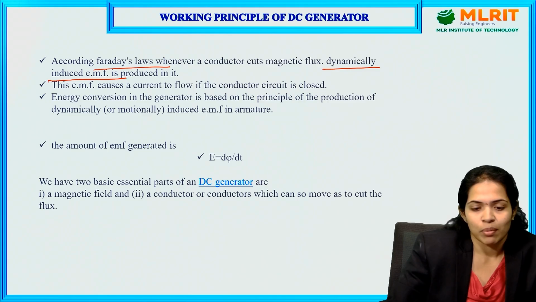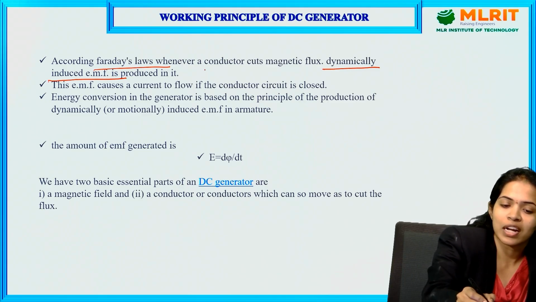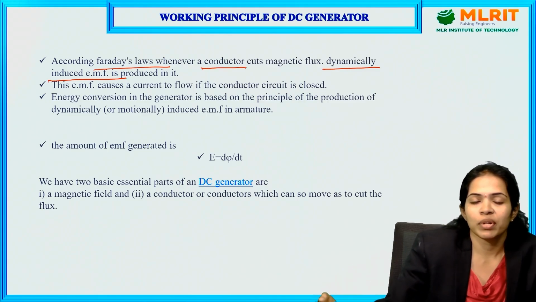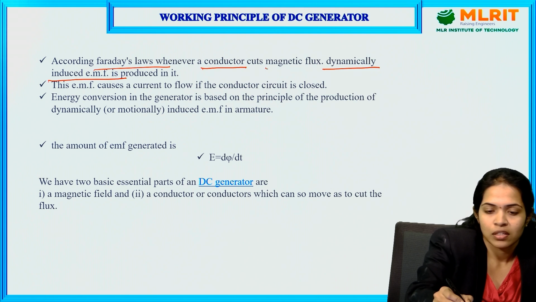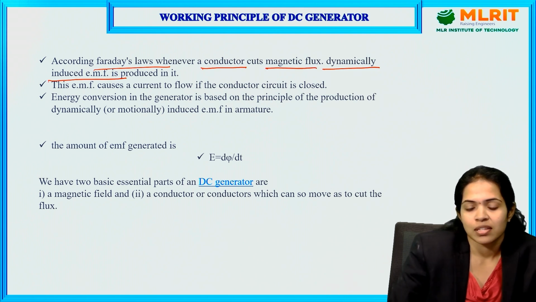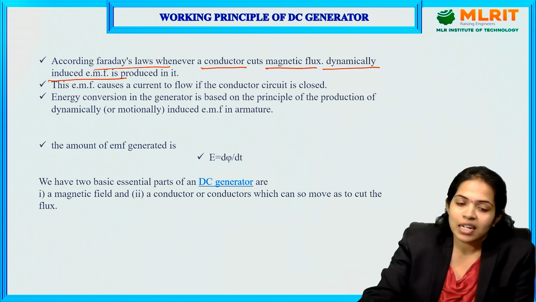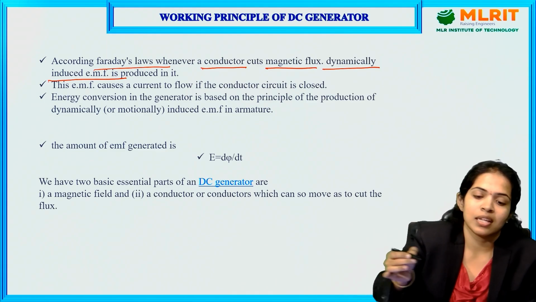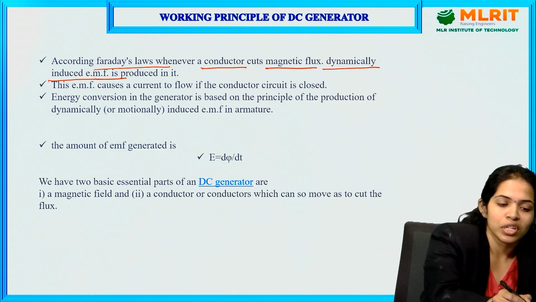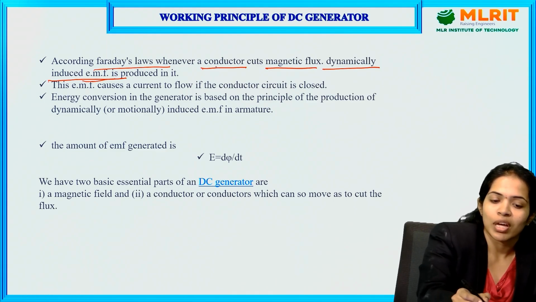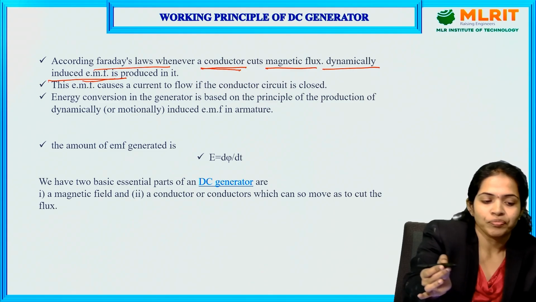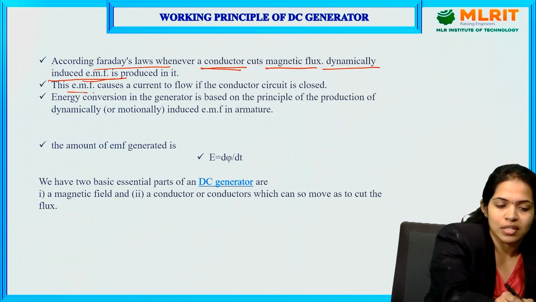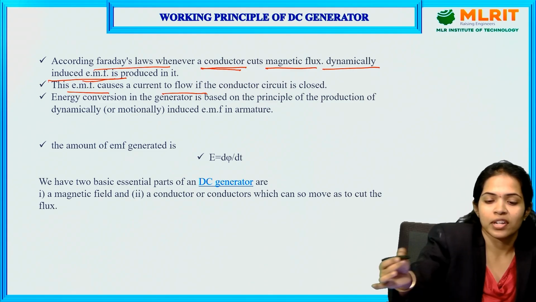Dynamically induced EMF is produced when a conductor rotating in the presence of stationary magnetic flux cuts that flux. This EMF causes the current to flow in that respective conductor.